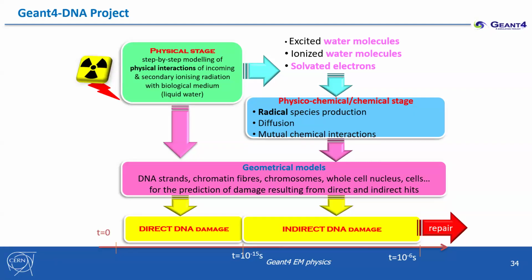There are complicated models of DNA strands, chromatin fibers, chromosomes, and so on. You may either simulate direct DNA damage by radiation or indirect damage when you simulate chemistry.